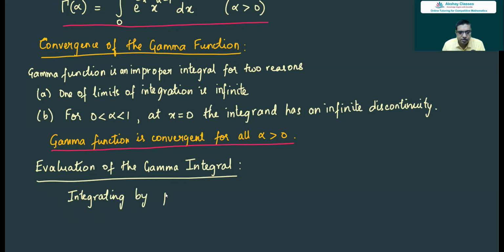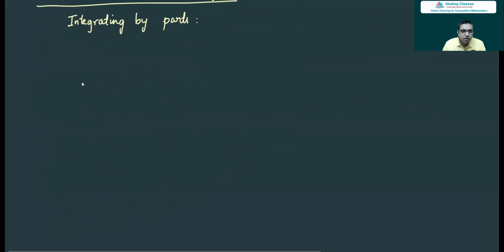What's the gamma integral? The gamma function is integral 0 to infinity e power minus x, x to the power alpha minus 1 dx for alpha greater than 0.